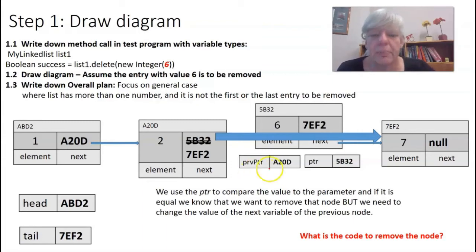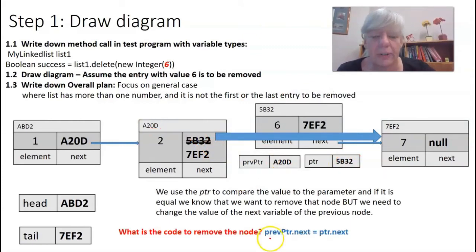Previous pointer would have been at the stage A2OD, and pointer would have been this one that I want to delete. And so I want to change this address to this address. And there you find the code to do that.